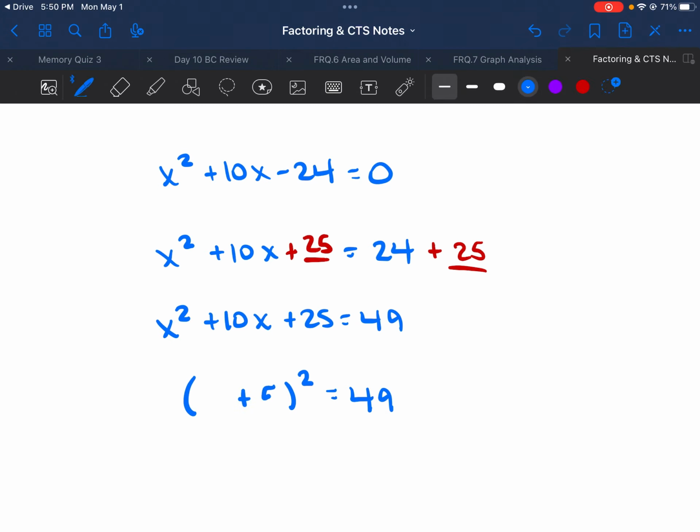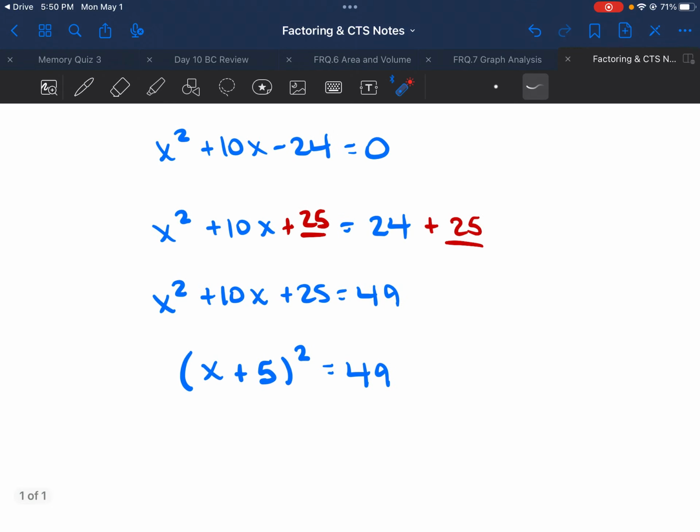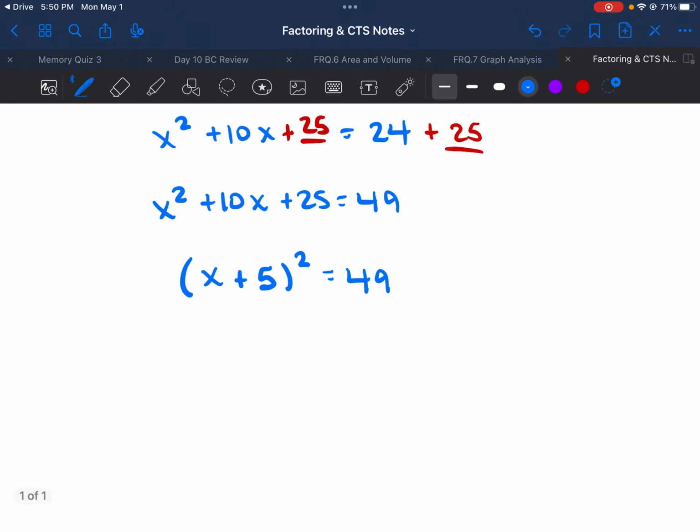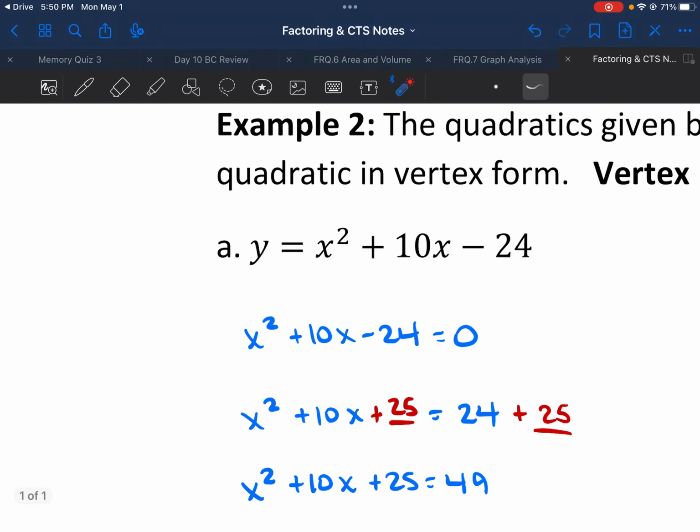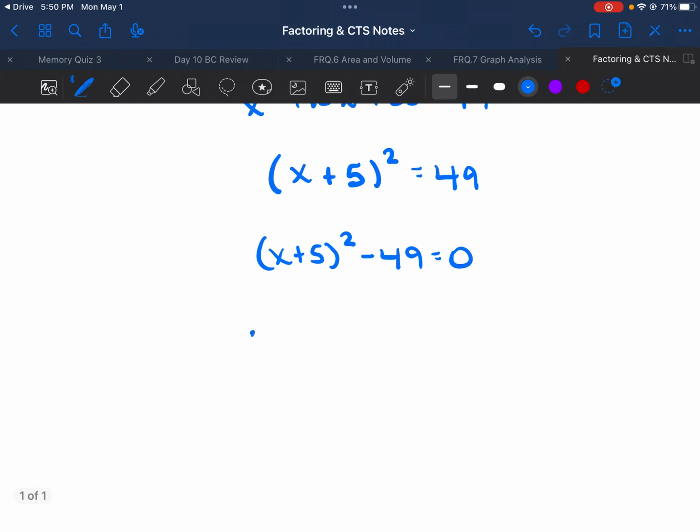That's what's going to go here. And here is just going to be x. Okay? So x squared plus 10x plus 25 is x plus 5 squared equals 49. And then the last thing we want to do is get this 49 back over with the other terms. x plus 5 squared minus 49 equals 0. And then finally, we're just going to set it back equal to y. So y equals x plus 5 squared minus 49.